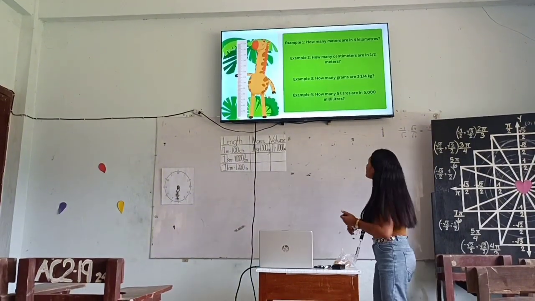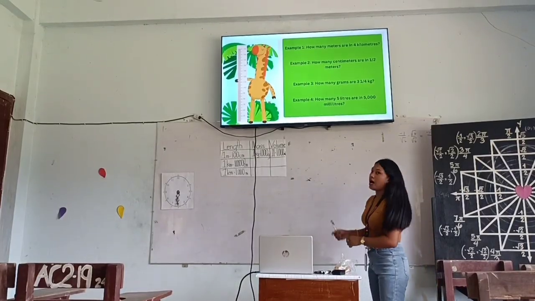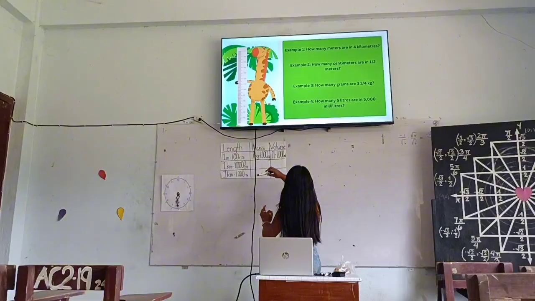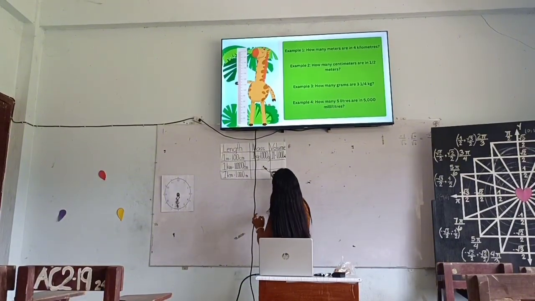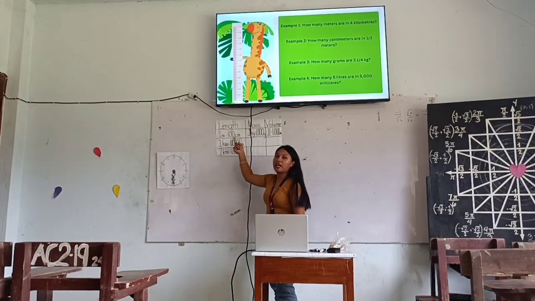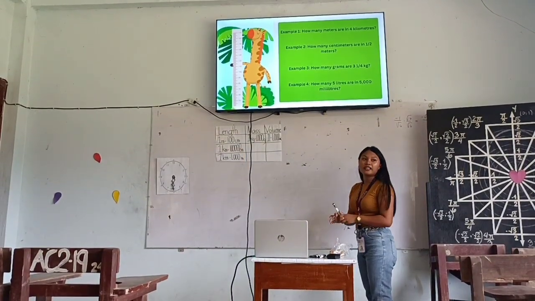Okay, we go to the next example. How many centimeters are in 1/2 meters? We already know that in 1 meter there are 100 centimeters. So we're going to what?